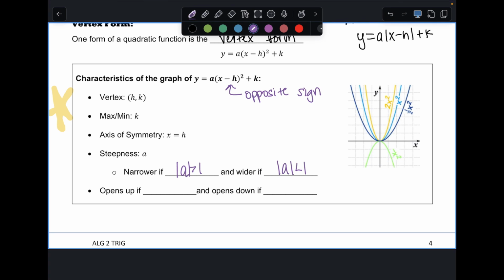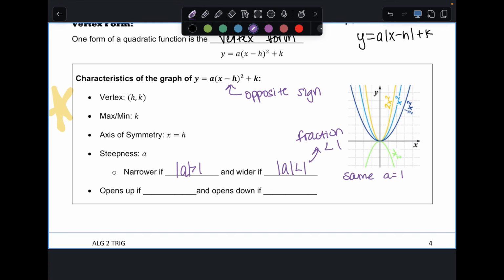It's going to be the same if A equals 1, meaning the same as your parent graph. And then again, this was a fraction less than 1. So like 1/2 would be wider, but 3/2, because that's greater than 1, is going to be narrower. Same vibe as absolute value.